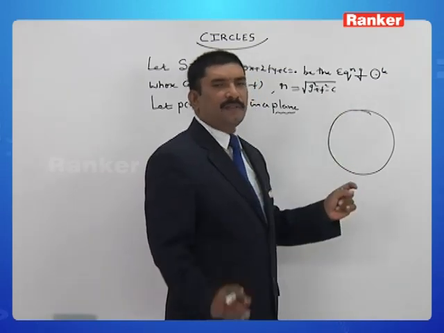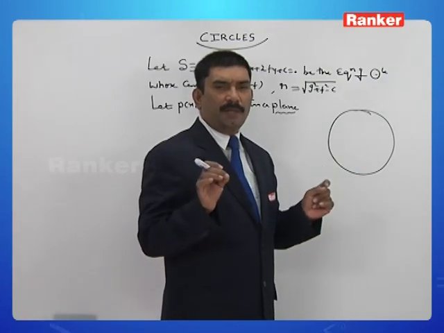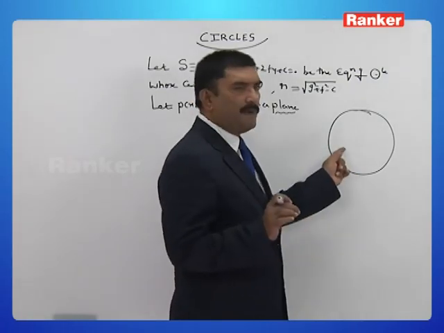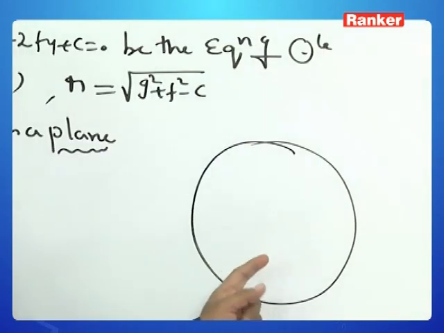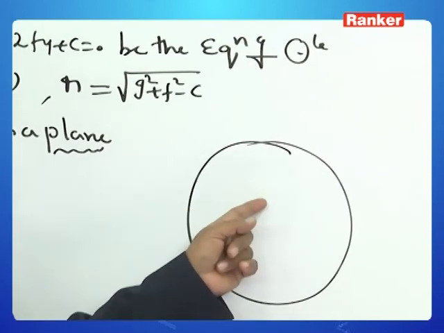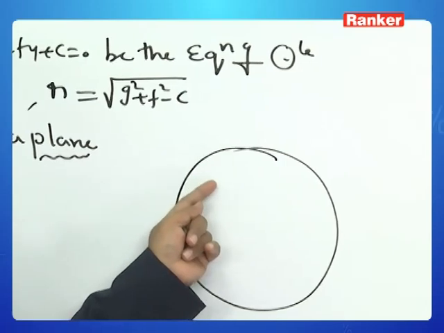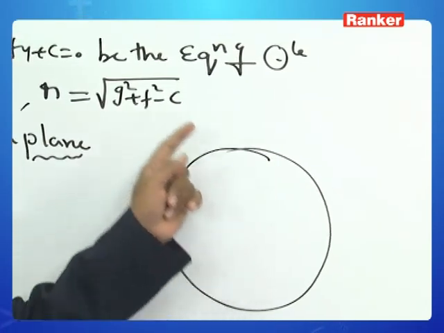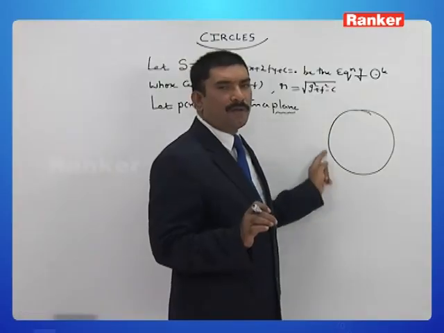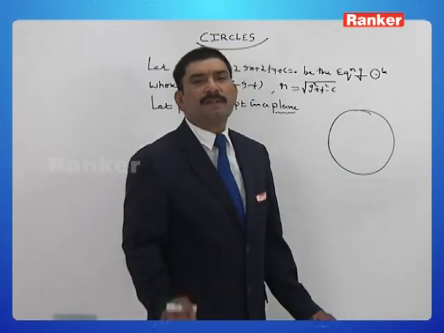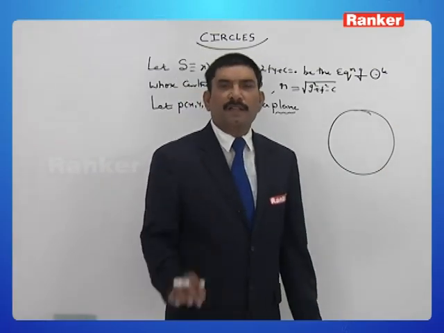So aptly, a circle is a two-dimensional figure. When the point lies inside, we call it the interior region. When the point lies on the circle, it is on the circle. When the point lies outside, we call it the exterior region.